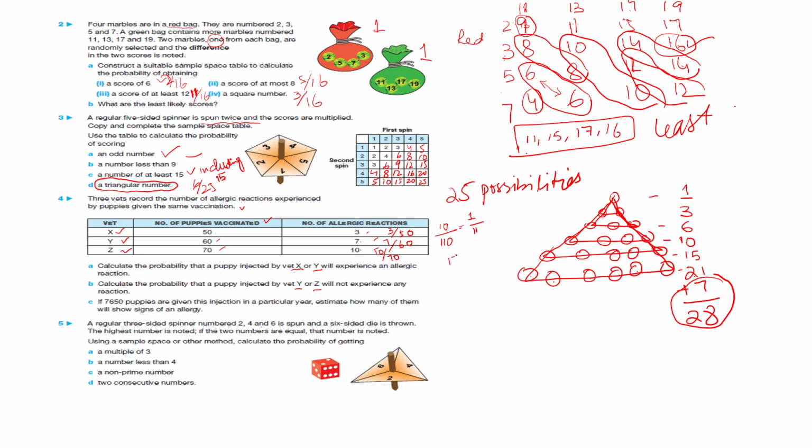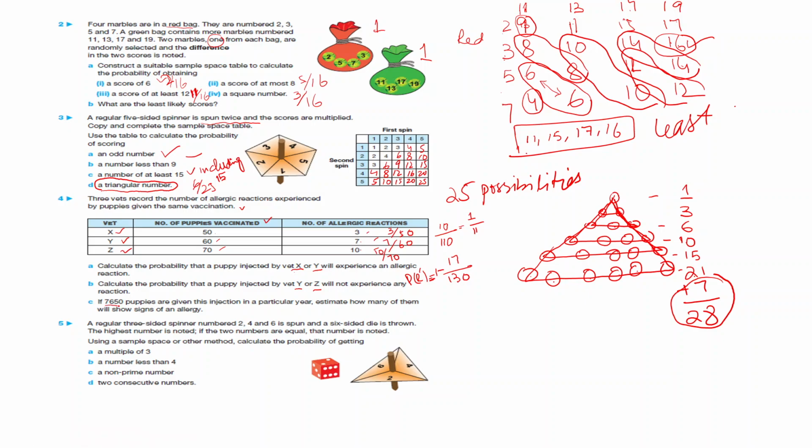So 17 over the total, which is 70 plus 60, 130. And not having a reaction should be 1 minus 17 over 130.